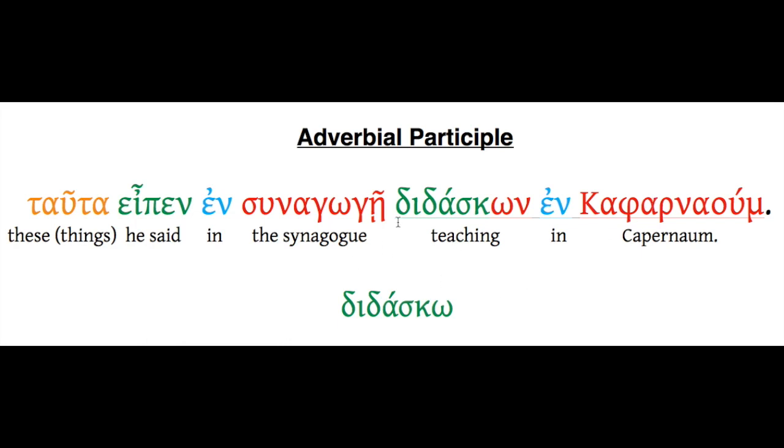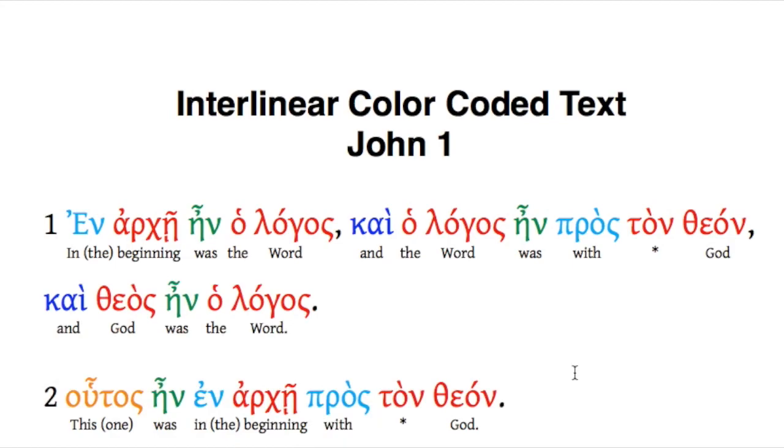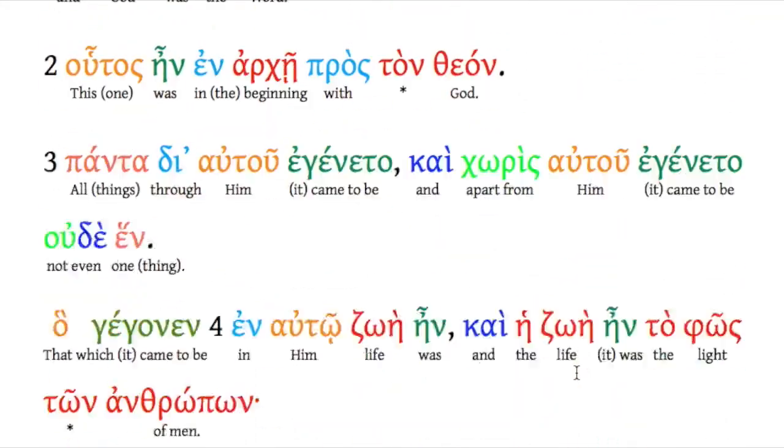So that's an example of an adverbial participle. I want you to notice something that's missing there. No article. Remember, the adverbial participle will never, no exceptions, never have an article. The adjectival and substantival participle will usually have an article. But enough with the theory. Let's look at some in the wild here.